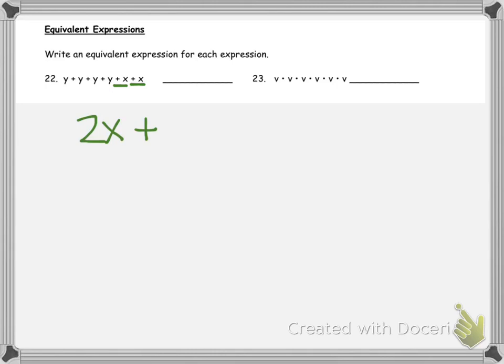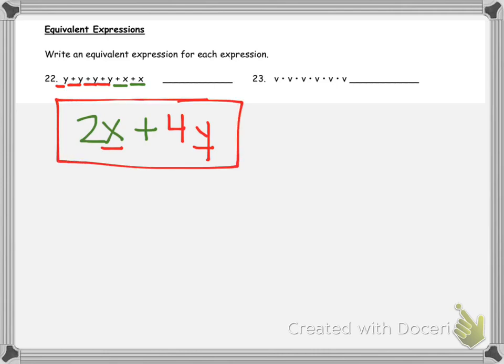So the Y's here, I've got one Y there, and plus another Y, that's 2Y, and that's another Y, so that's 3Y. And there's another one, so that's 4Y. So 2X plus 4Y. And then I can't add these together because this is an X, and the other one is a Y, so they're different variables. Can't add them together. So this is as good as I can get for that expression, 2X plus 4Y.